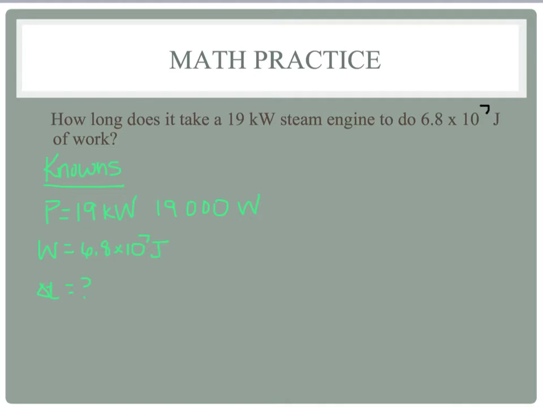So we can plug in our equation, and we have power, work, and change in time. So we can use the equation as we originally saw it the first time here. We can solve for delta t, since that's what we want. So delta t will be equal to work divided by power. Then if we plug in our numbers, we'll have 6.8 times 10 to the 7th joules divided by our 19,000 watts.